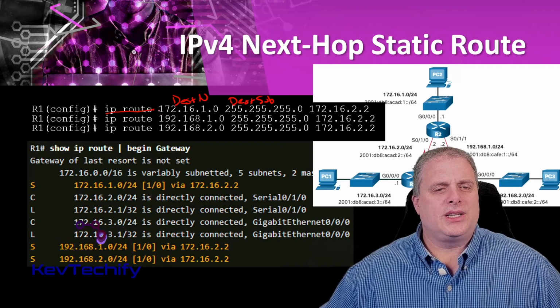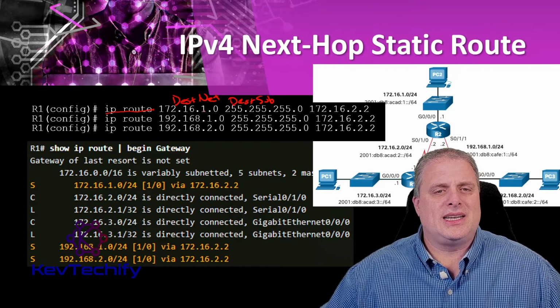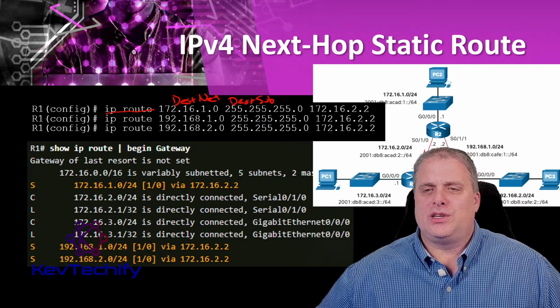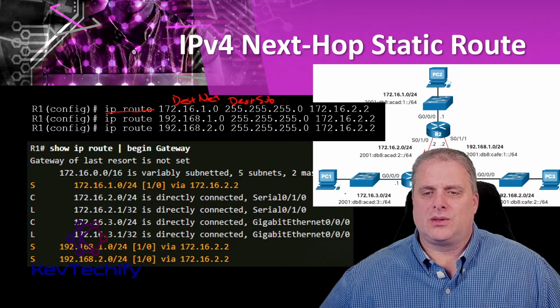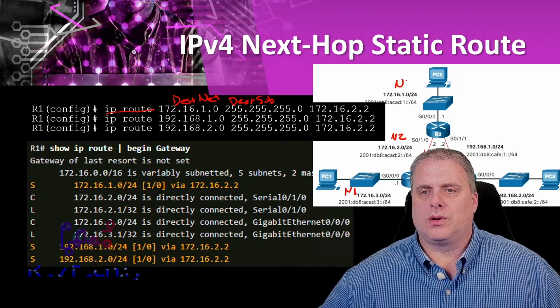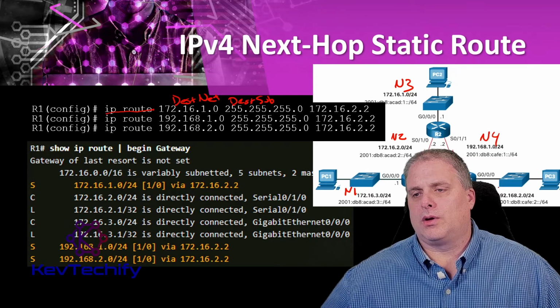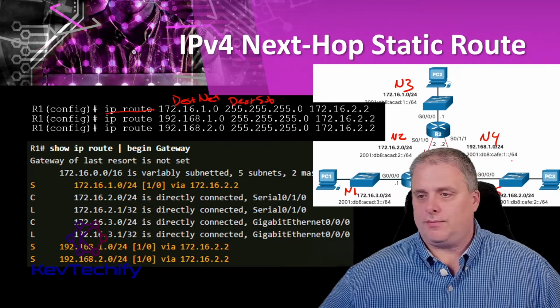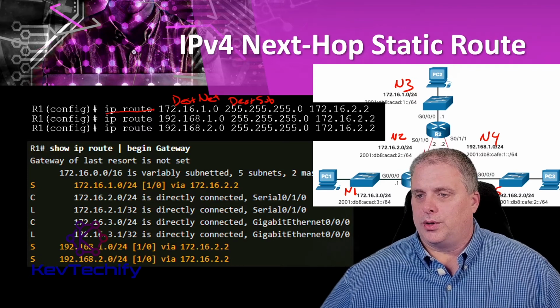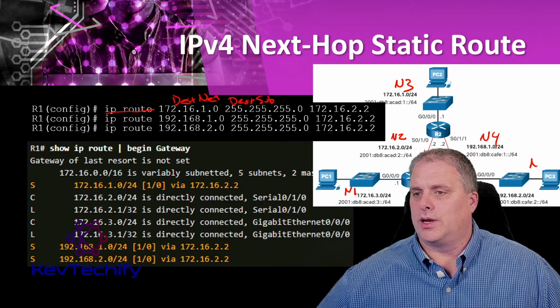Our destination network, 172.16.1.0. Once again, this was network 1, network 2, network 3, network 4, and network 5. Oh, put network 5 up over here. This is network 5 down here.